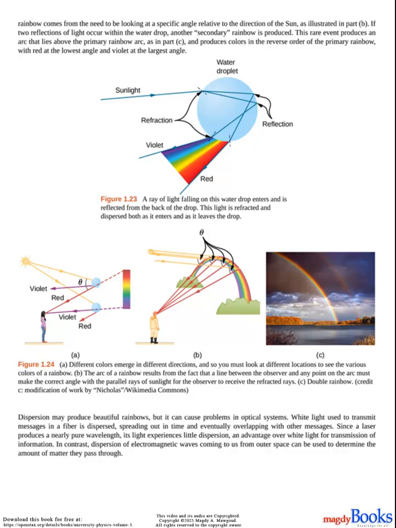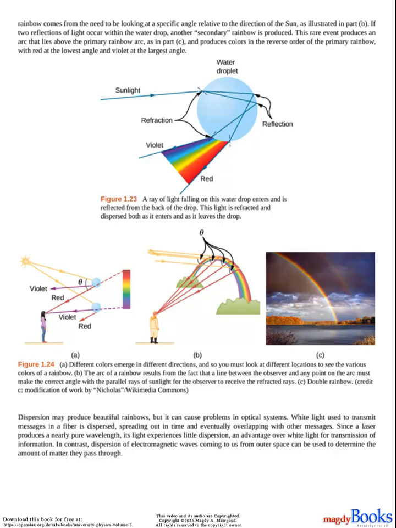Figure 1.23. Water droplet. Sunlight. Refraction. Reflection. Red. Violet. Figure 1.23. A ray of light falling on this water drop enters and is reflected from the back of the drop.